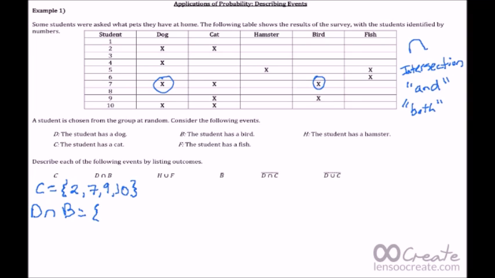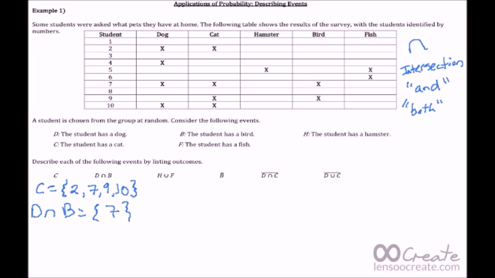Student 10 has a dog, but there's no bird. It's a blank spot here. So our only outcome here is student 7.